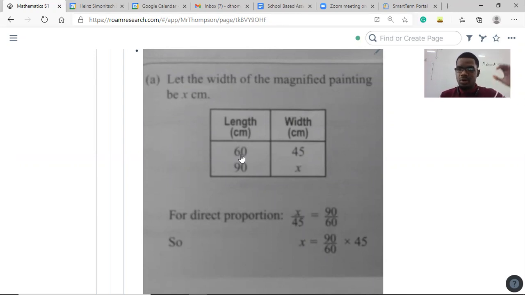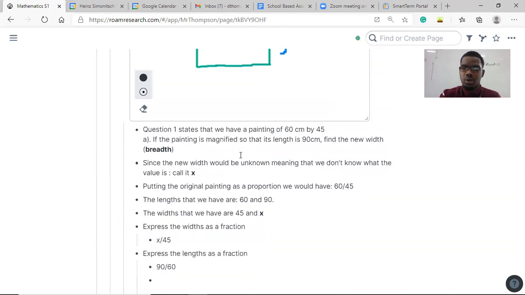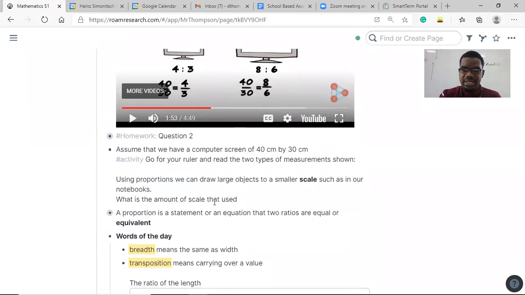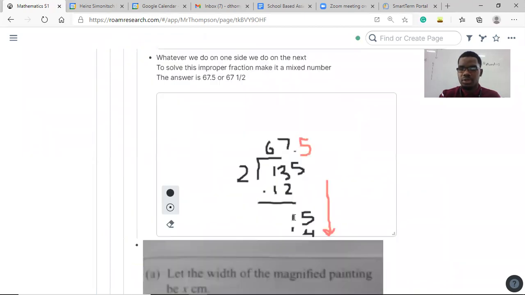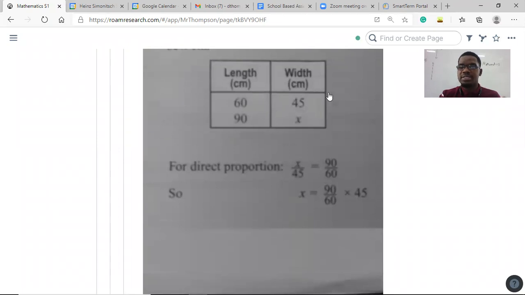If I'm increasing one side, based on what we said proportion was, which is when everything is equal. Let's go back to the definition of proportion. Proportion is a statement or equation that when two ratios are equal, two things on both sides are equal, right? So in order to make 60 and 45 and 90 and the unknown equal, we need to add something above 45 to make it larger.